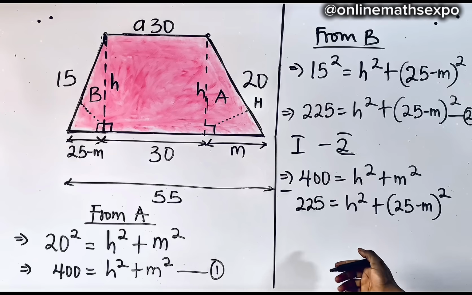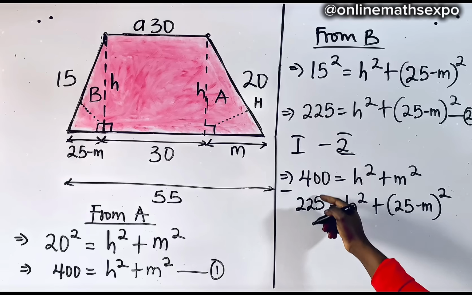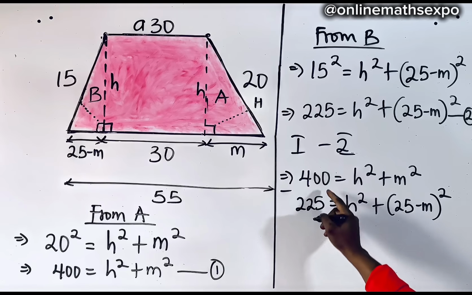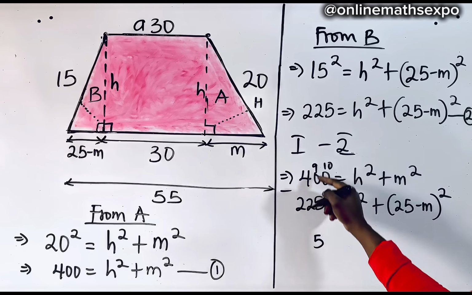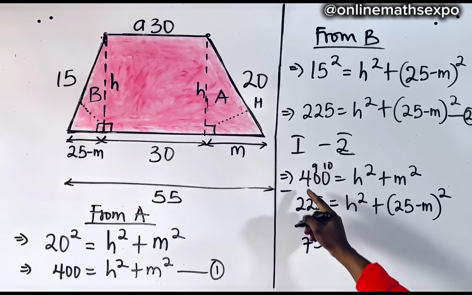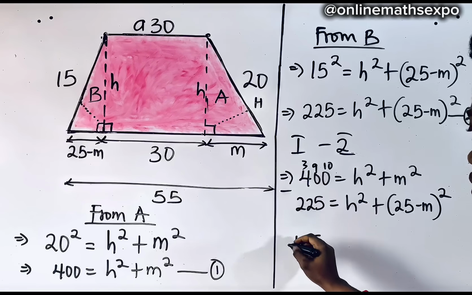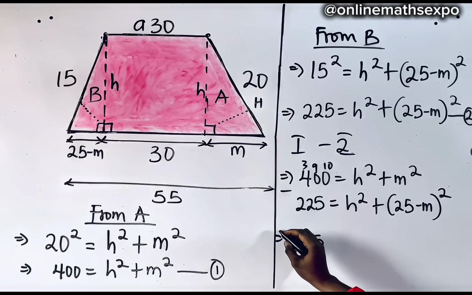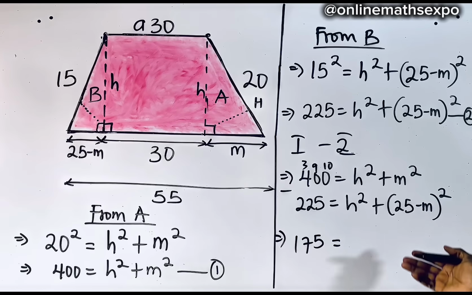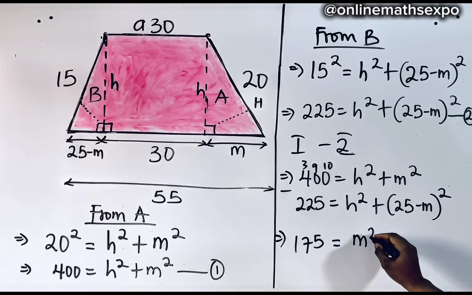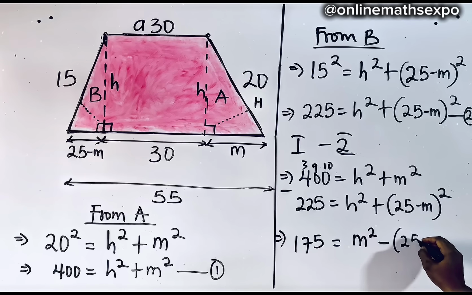When you subtract the two equations, 400 minus 225 gives us 175. The h squared goes off, then subtracting this, we have m squared minus (25 minus m) squared.